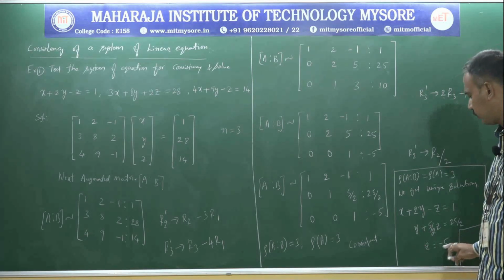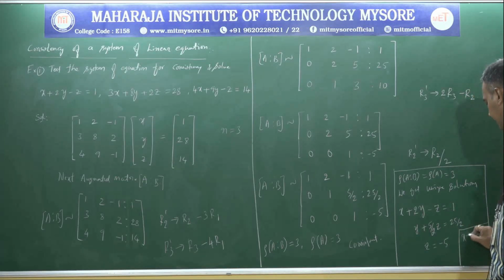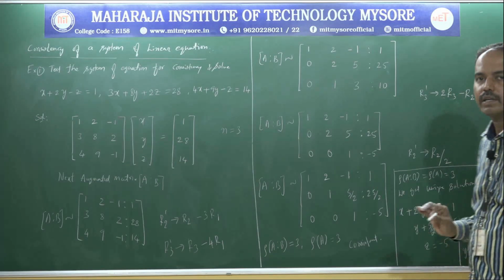Here z is equal to minus 5. After the simplification and substitution, we get x is equal to minus 54, and y is equal to 25. Is it clear to all of you?